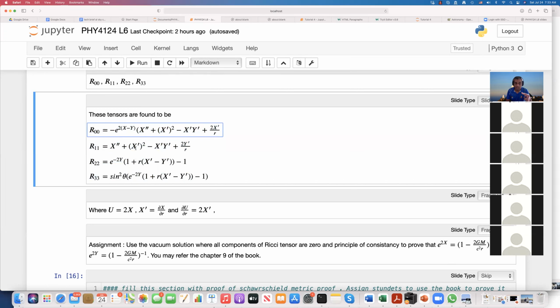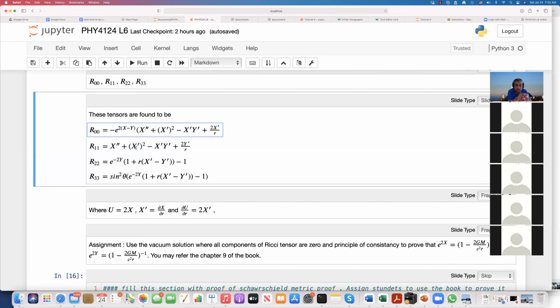And then there are some terms that you cannot find alone just using these relations. For that, you are going to use the principle of consistency. What that means is that the field equations will reduce to Newtonian gravity under certain conditions. So you can use that reduction to complete the proof, right?